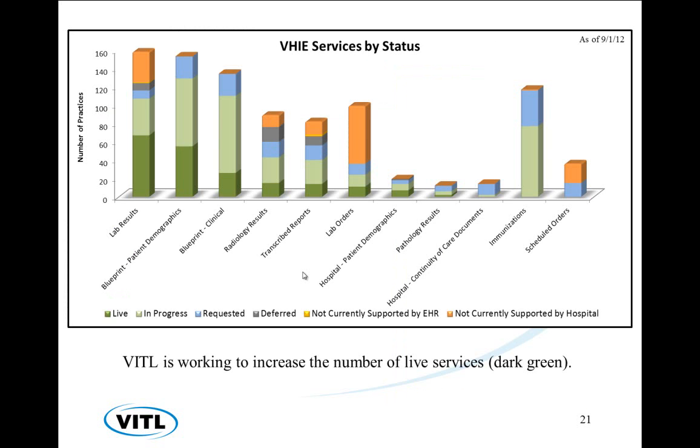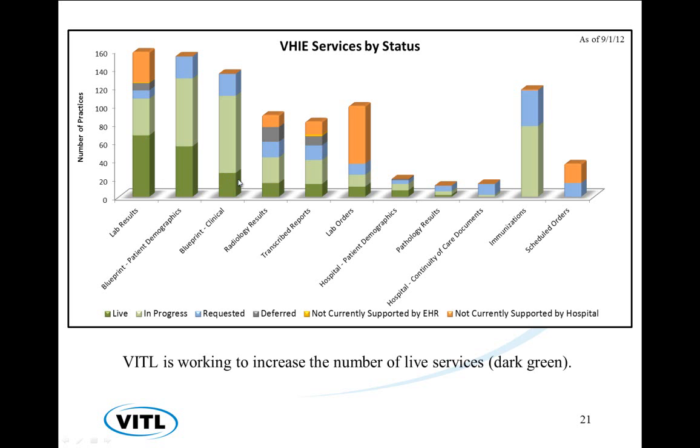So another way to look at this, because a greener map of Vermont may not be super exciting to folks, is what are we talking about in terms of numbers? Here's a graph of VHIE services by our status. So when you look at this, we see the dark green is live.